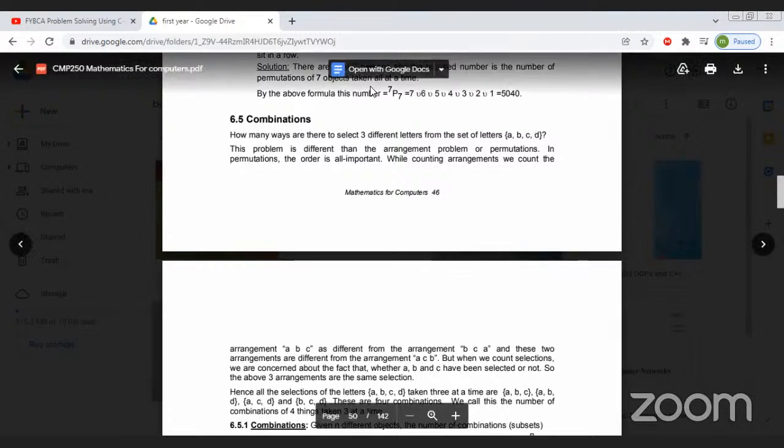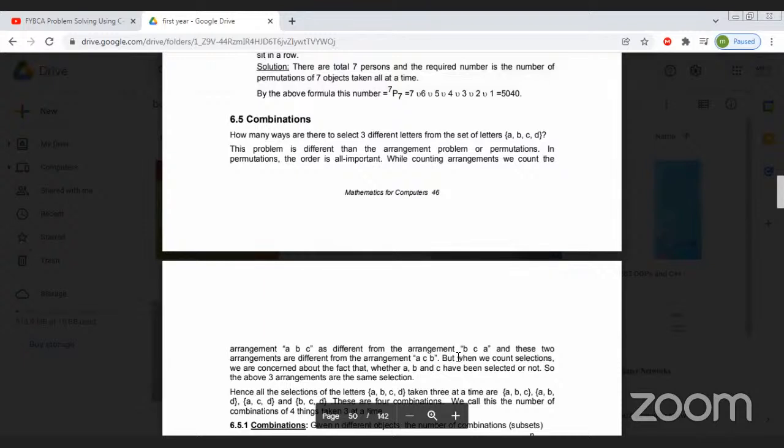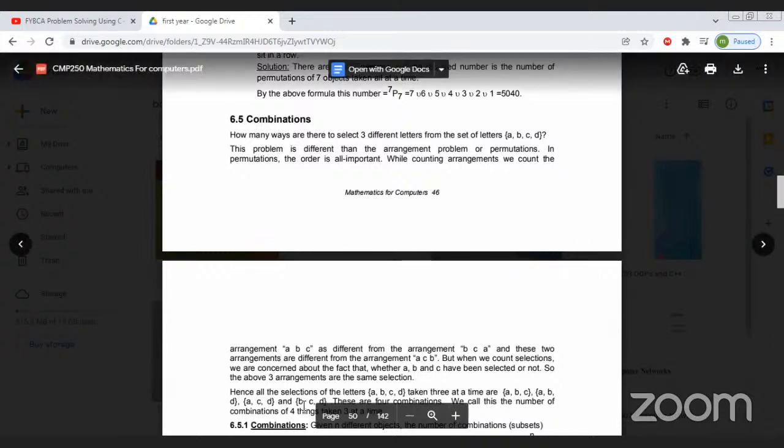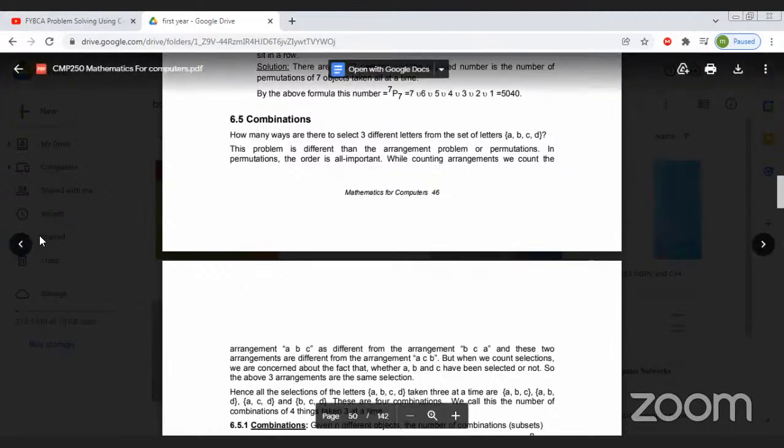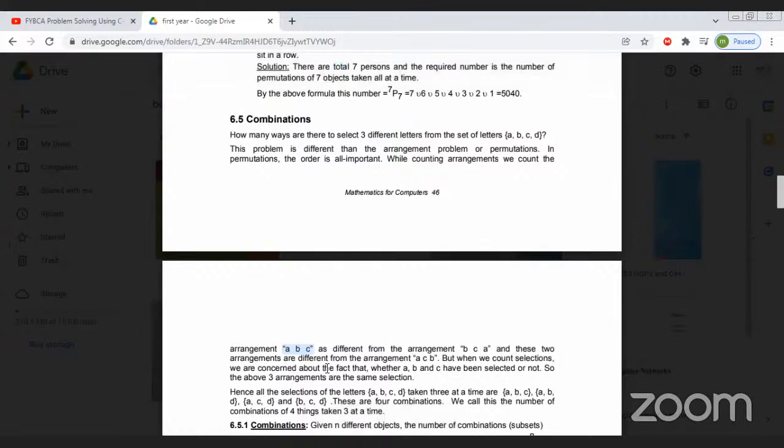Now here, see, they have given below only ABC, BCA and ACB. So these selections, here it doesn't matter whether it is on first position or second or third. So all these three selections are considered only one selection.